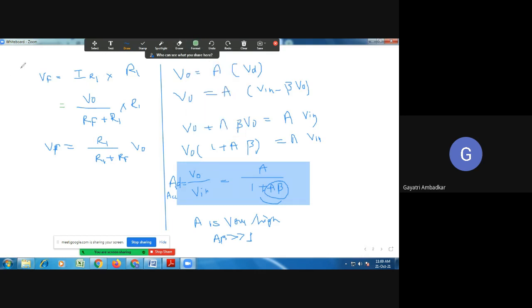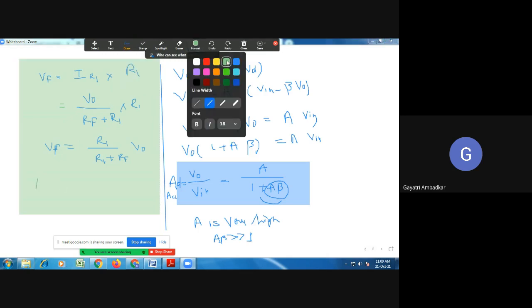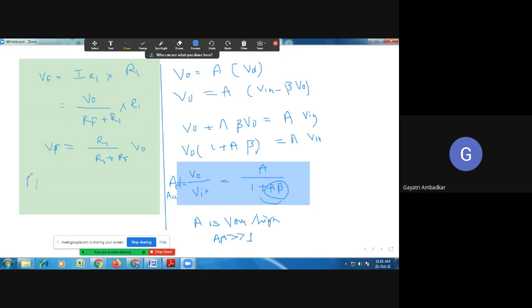I will enclose it in this green color loop. So we have found it here, VF. So what is the feedback gain? Feedback gain beta is nothing but the output of the beta network, that is VF, upon the input to the beta network, VO. So VF by VO is nothing but your beta. So what is this? R1 upon R1 plus RF. So this is your beta.